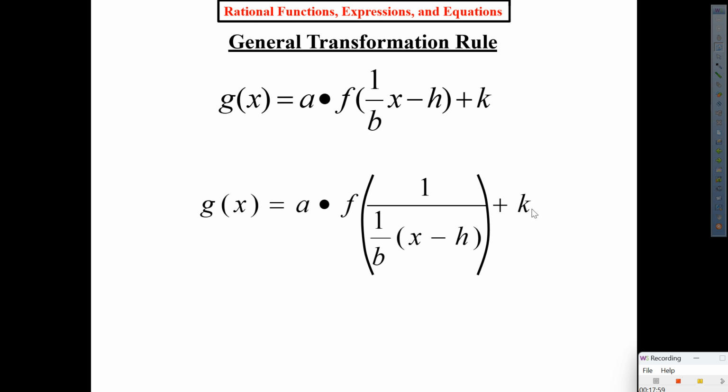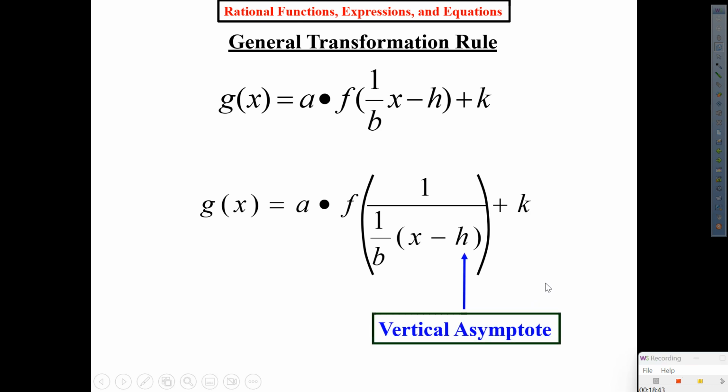But do we know what K does? Up and down. H, side to side. A, vertically stretch or compress. B, horizontally stretch or compress. However, today, H and K play a second role, aside from moving our function. Write these down with red and blue, please.